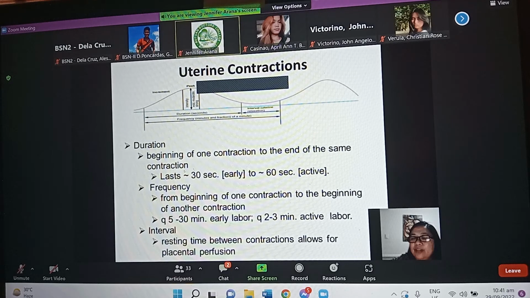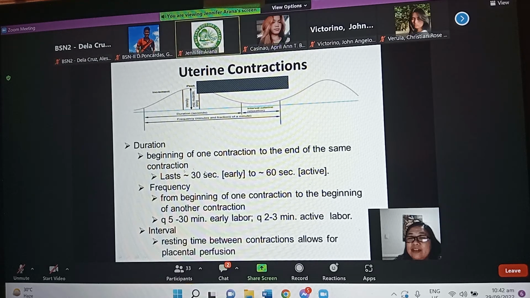The duration of the contraction is monitored from the beginning of one contraction to the end of the same contraction. So the duration is the span of time which is measured from the beginning of one contraction to the end of the same contraction, meaning unsa kadugaya ang isa ka contraction, that is duration.